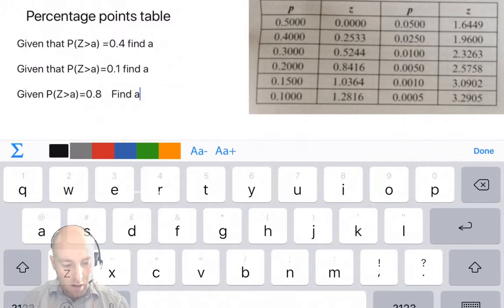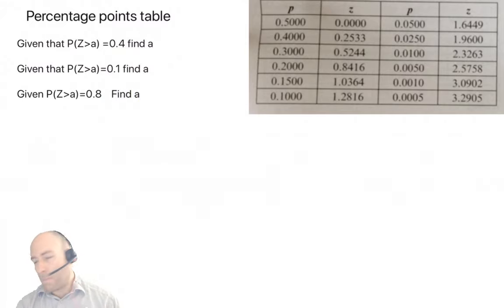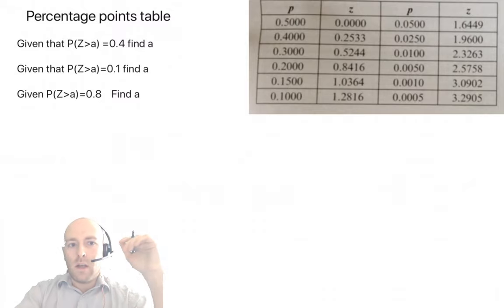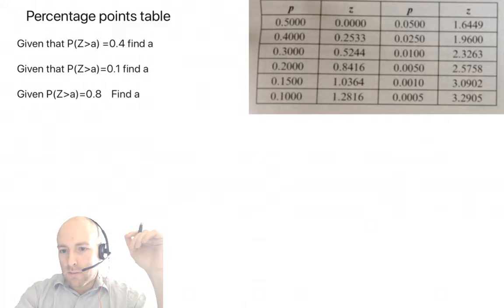Find A. Could you guys try that one? Bit more difficult this time. Let's just have a race. I'll give you a minute for this and see how we do. Make sure you sketch it. The sketch is going to be essential to this one.